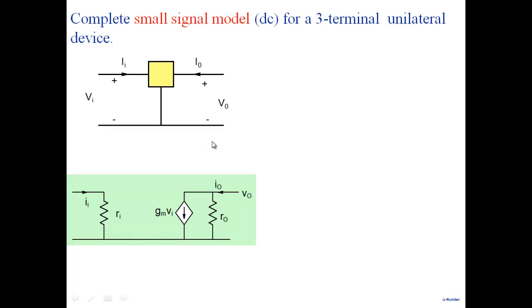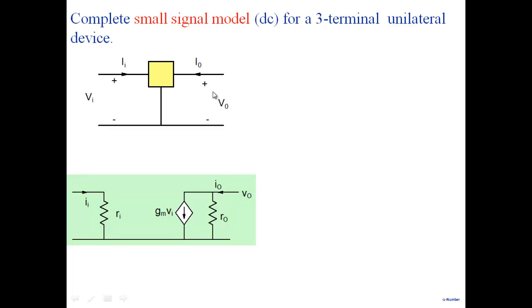Small signal model. Again, if you recall from your E210, if I have a 3-terminal device, and also it's a unilateral device in the sense that the output gets affected by input, but the output does not affect the input here. So there is a direction in which the information flows here.